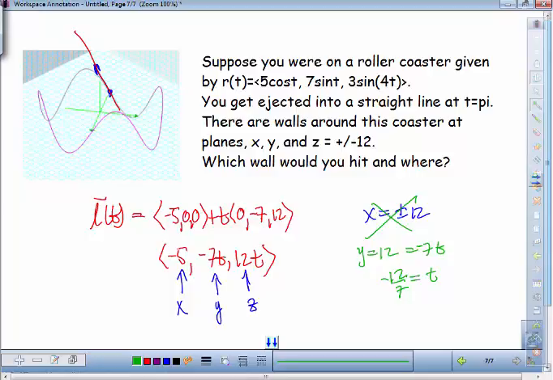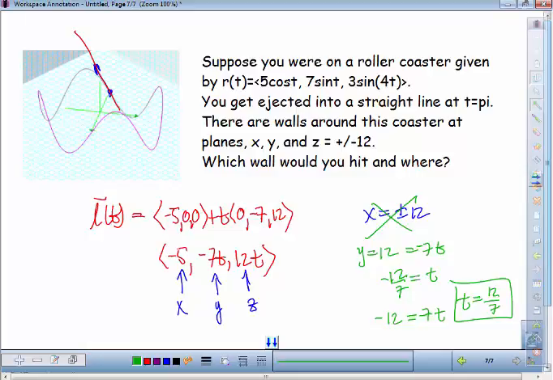So how about y is equal to -12, which is equal to -7t. So here t is equal to 12/7. Okay, so that's a good candidate that you're going to hit the y is equal to -12 wall.